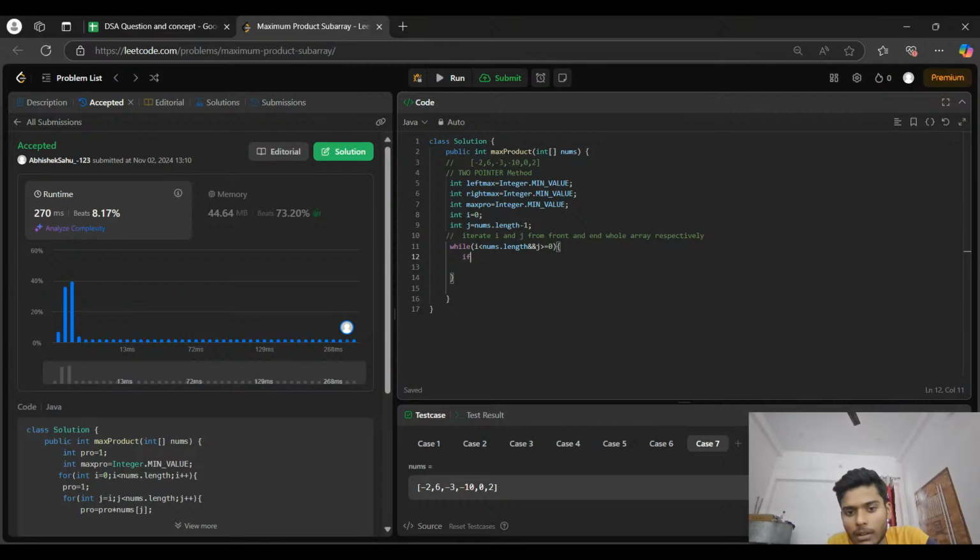We are considering left multiplication and right multiplication. I thought we need to put left product equal to 1.